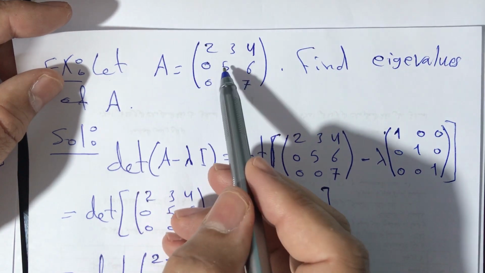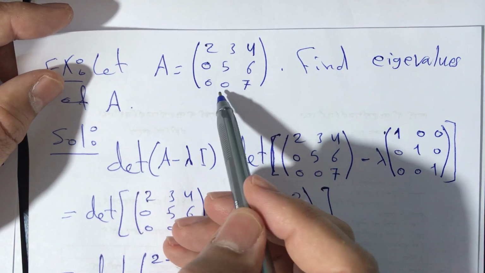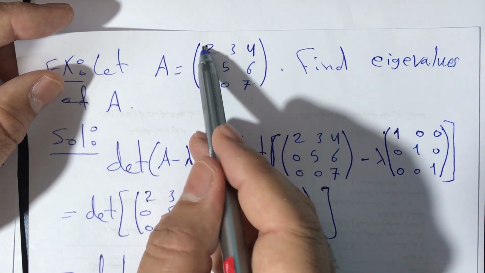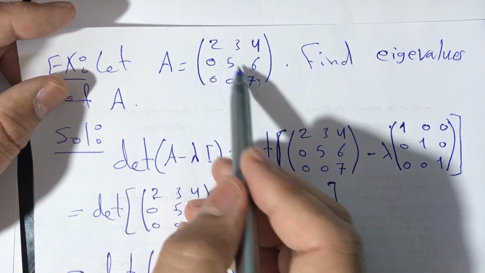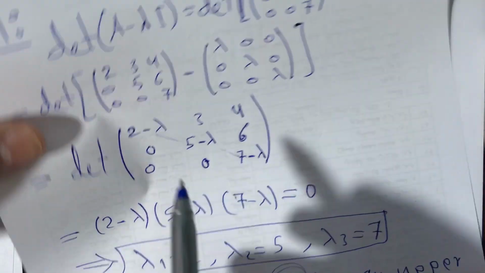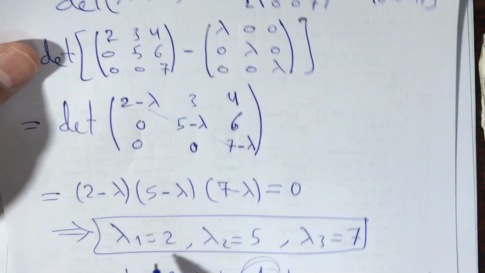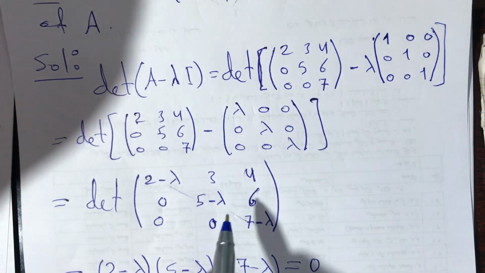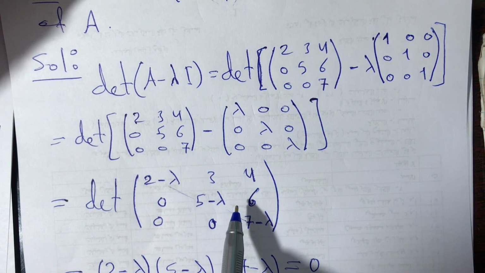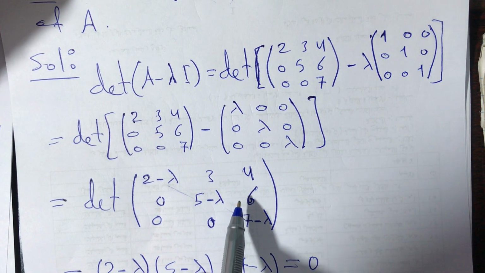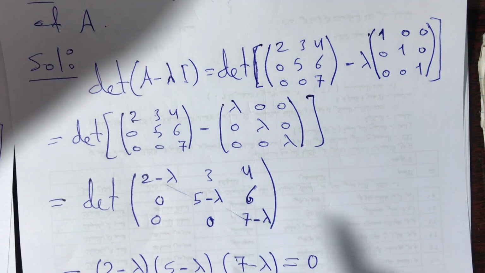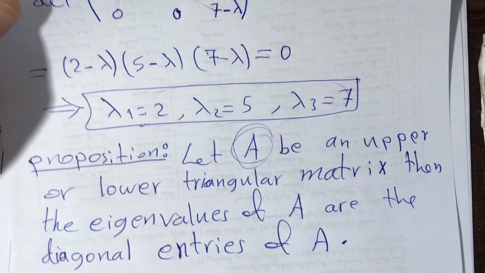This is an upper triangular matrix, so the diagonal entries will be the eigenvalues 2, 5, 7, because this is an upper or lower matrix. This is page number 5.